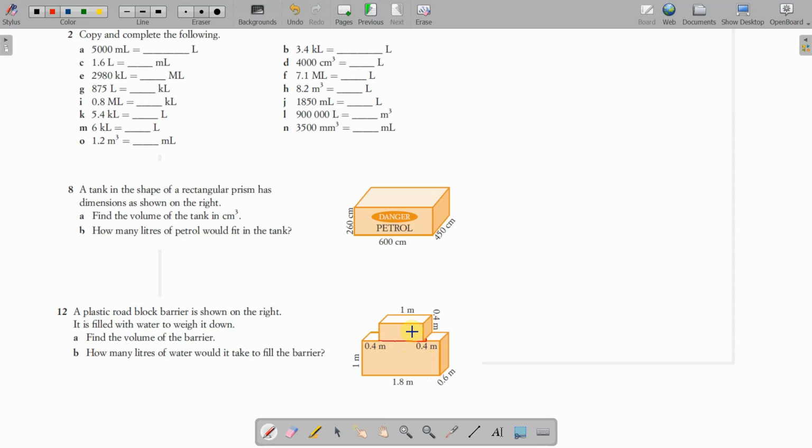So the volume of the smaller rectangular prism and the volume of the larger box, then add them together, and then you can convert the cubic metres to litres, remembering there are 1,000 litres in 1 cubic metre. Thank you. So questions 2, 8 and 12.